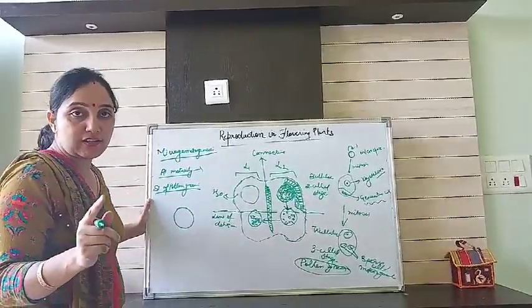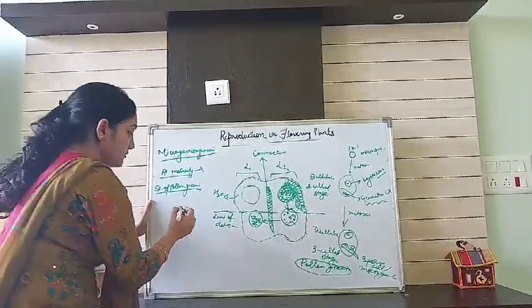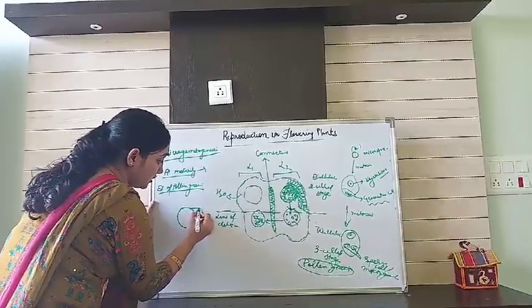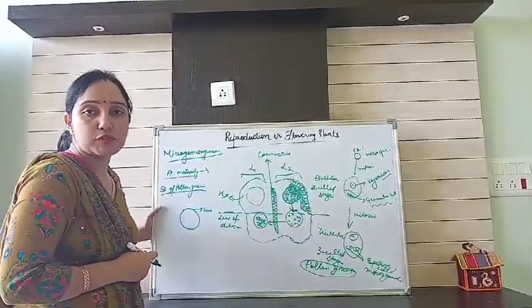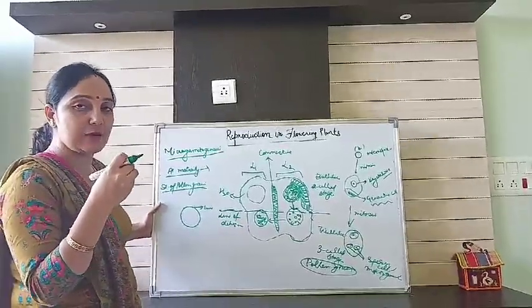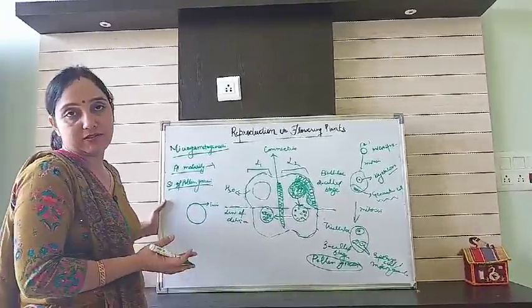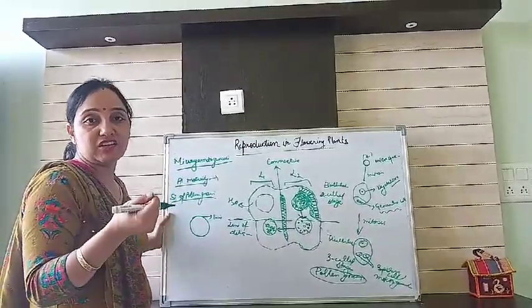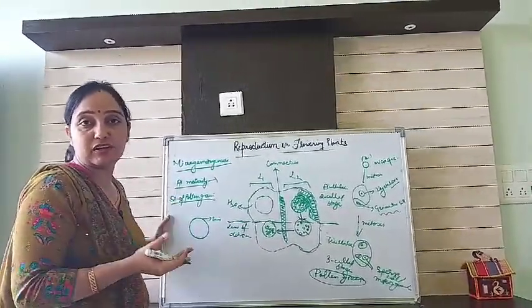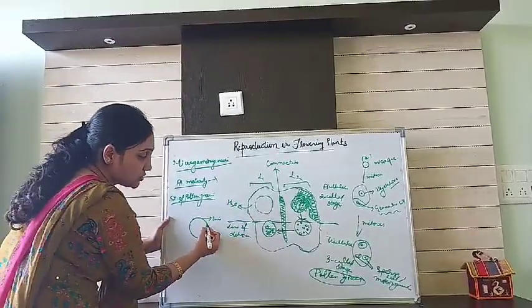Every pollen grain encloses walls, right? The outer wall is called exine, which consists of sporopollenin. This is a type of organic material which makes it tough so that it can withstand the hard conditions of the climate. So this is the outermost layer, exine.